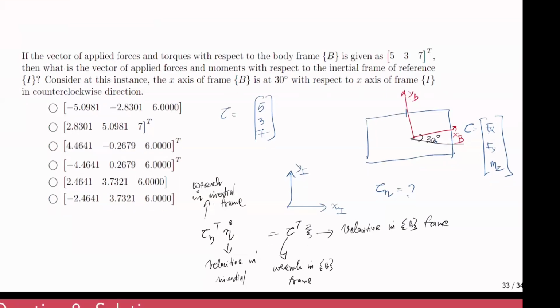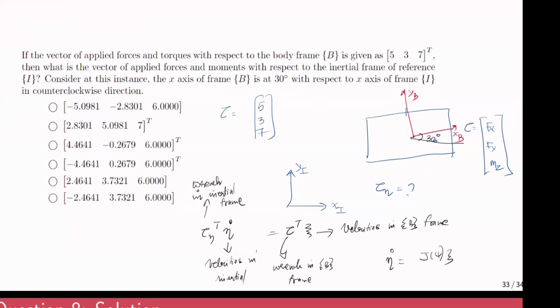But from kinematics, you know that eta dot is J of psi multiplied by theta. So if you substitute this equation to here, you will get tau eta transpose J of psi multiplied by theta as tau transpose theta.